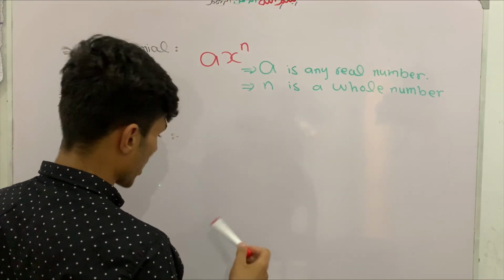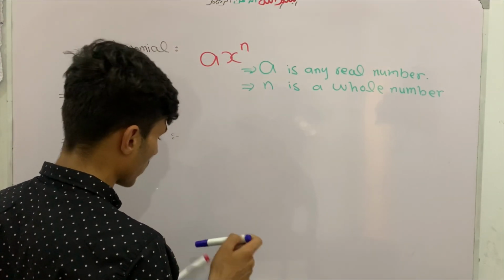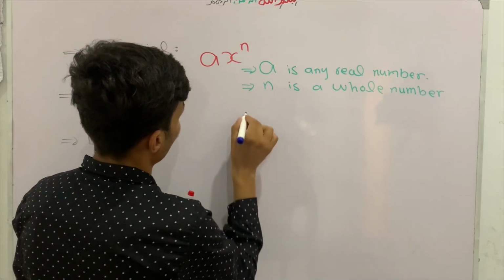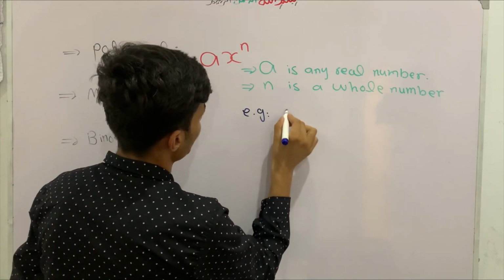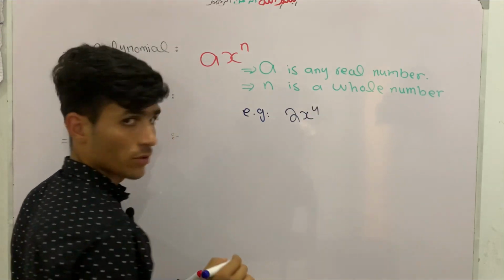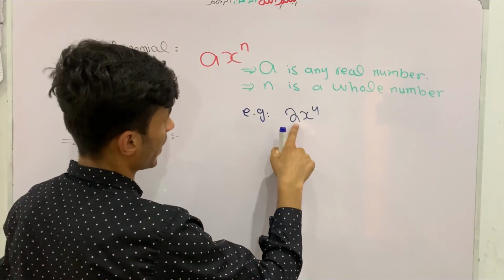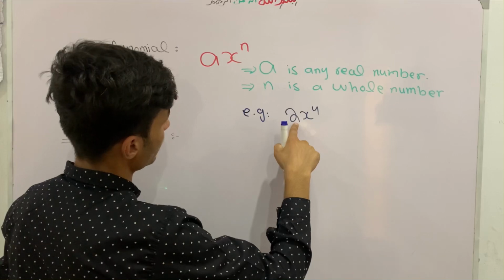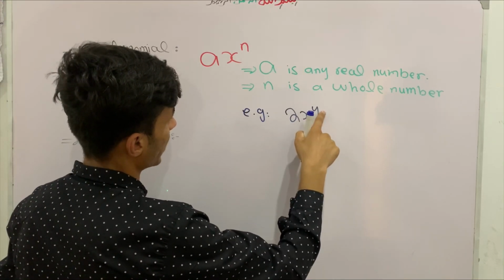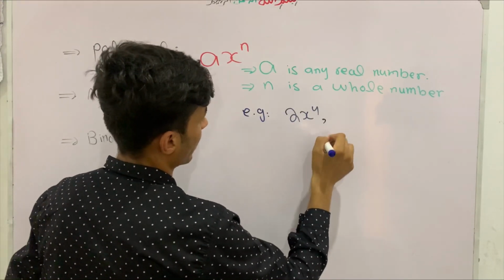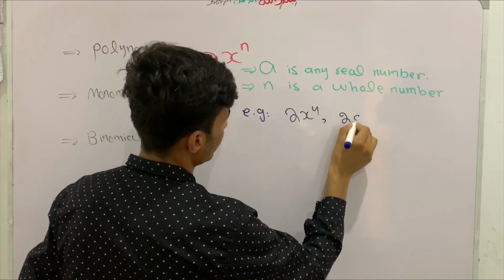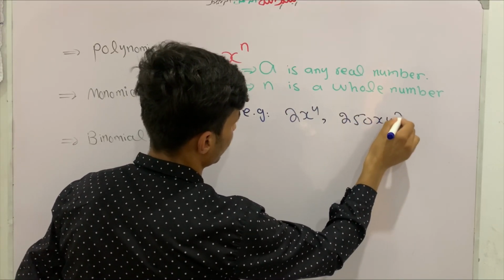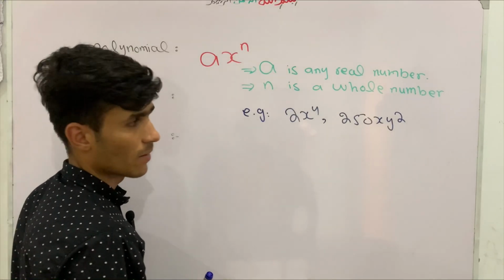For example, to share with you examples of polynomials, I can write 2x to the 4th power. This is a polynomial. A is going to be 2 in this case, and 2 is a real number, 4 is a whole number. Next example, 250xy squared. This is again a polynomial.